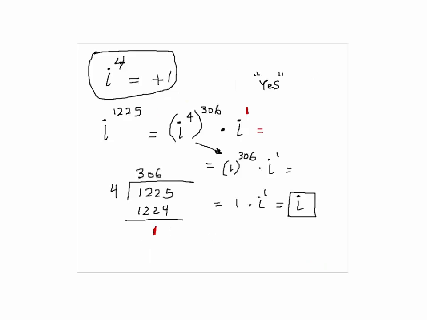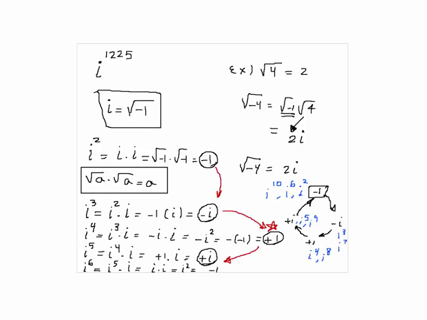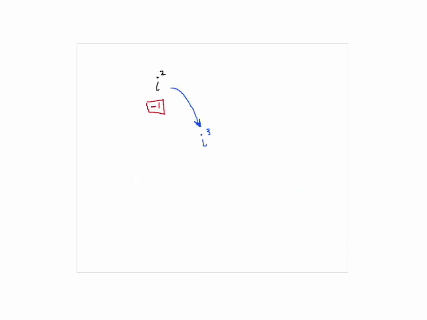Now if I go through the pattern here, the next one would be i to the power of 3, which is equal to minus i, right? And if I go with the pattern here, the next one would be i to the power of 4. i to the power of 4, we already established, is equal to plus 1.